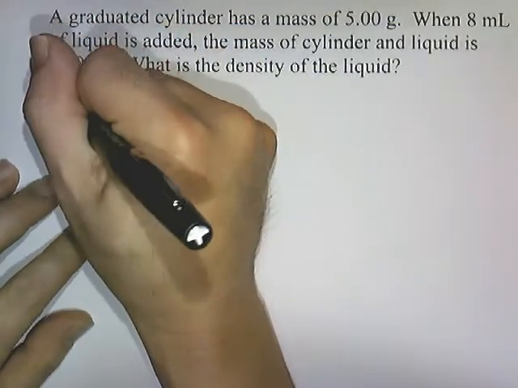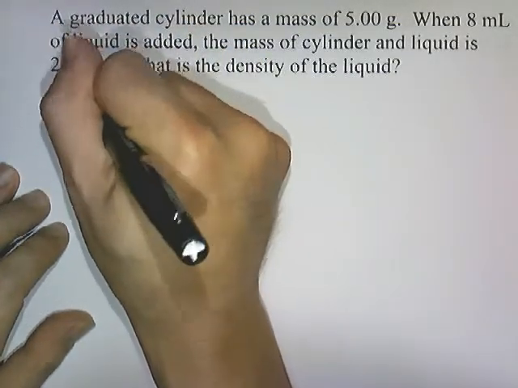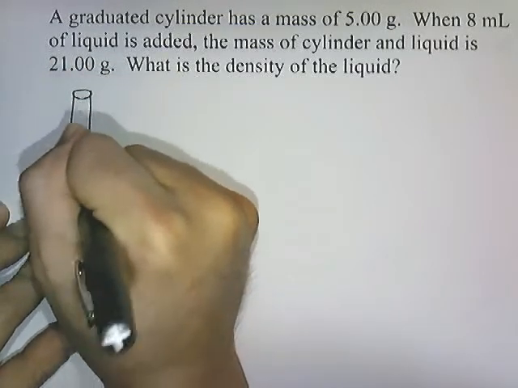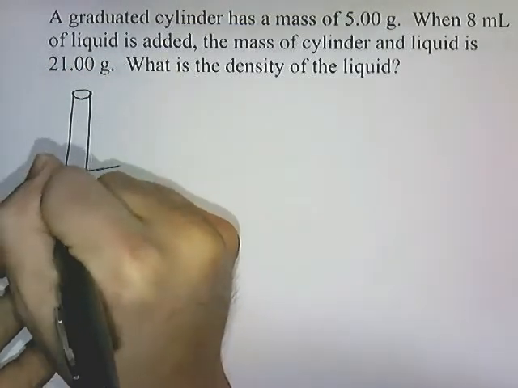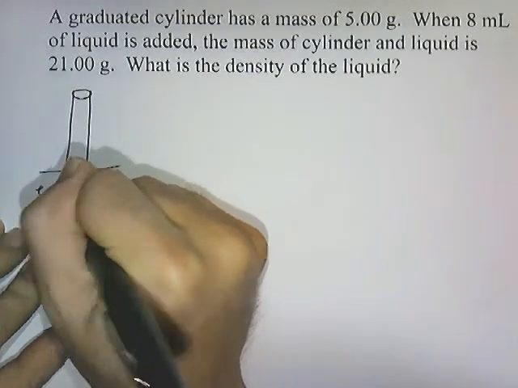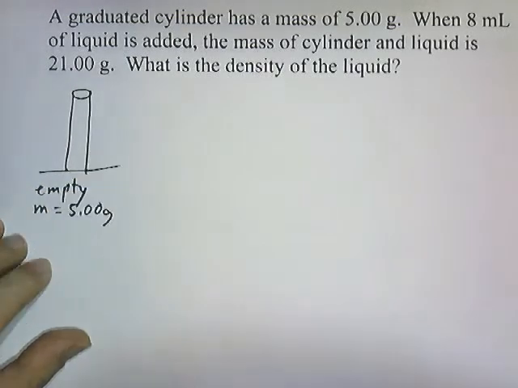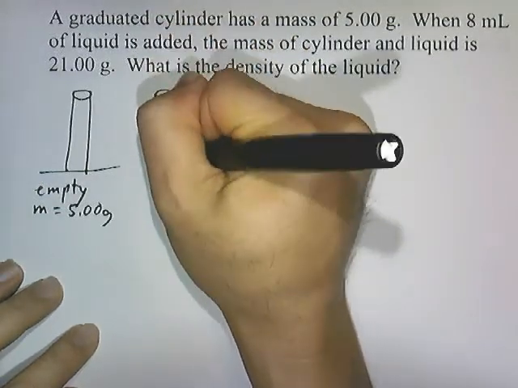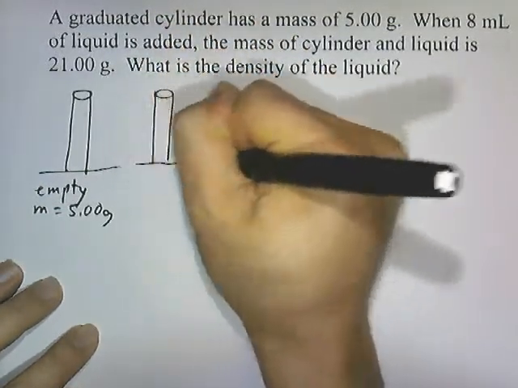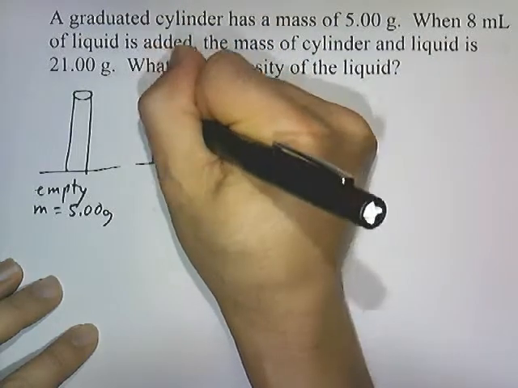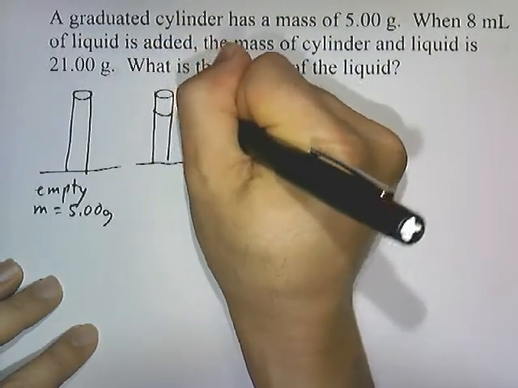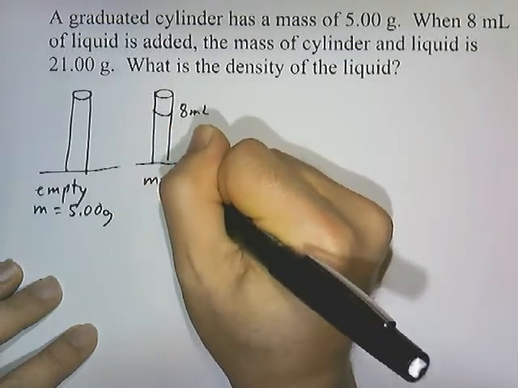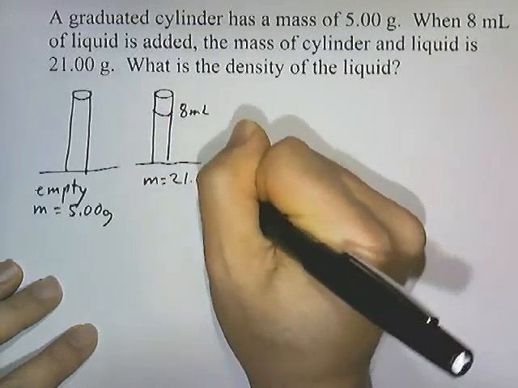All right, so here's our graduated cylinder. Empty, the mass is 5.00 grams. All right, but then when I fill it with liquid, 8 milliliters worth, the mass now is 21 grams.